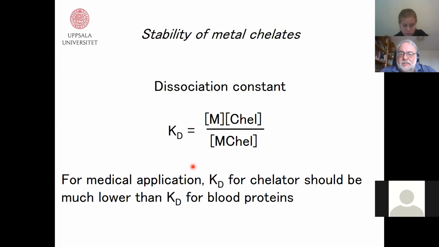A good chelator, for example NOTA in combination with gallium 66, 68 or 67, has a minus logarithm KD of 30, orders of magnitude higher stability of the complex.